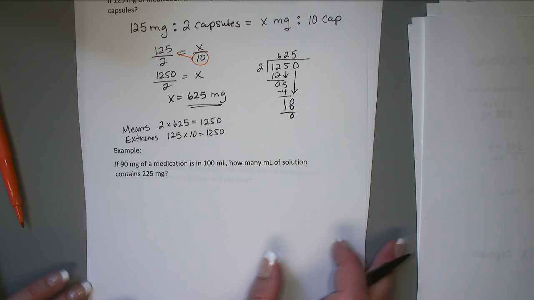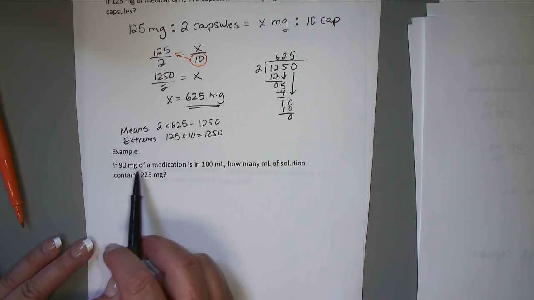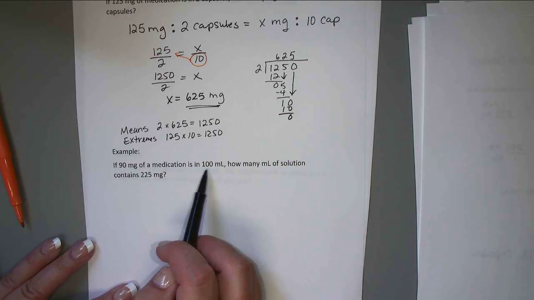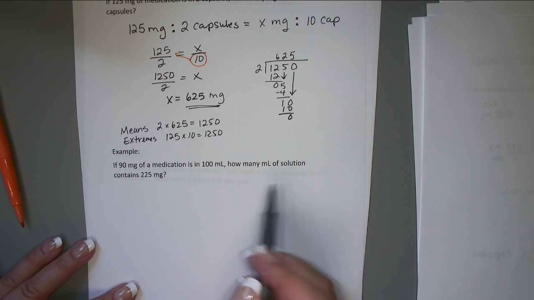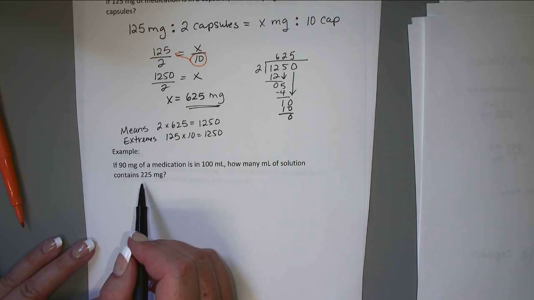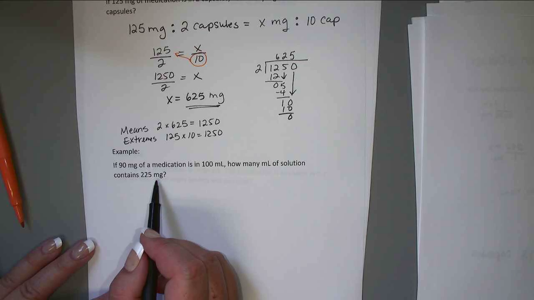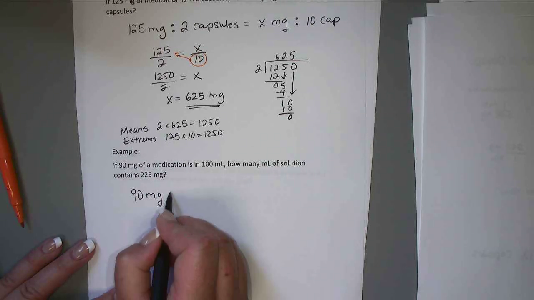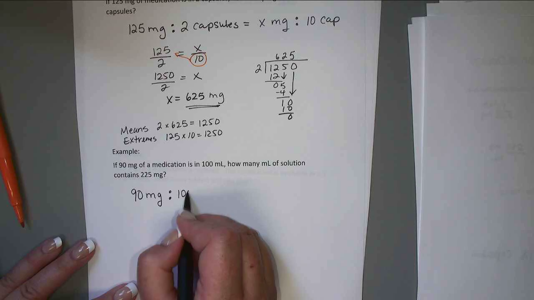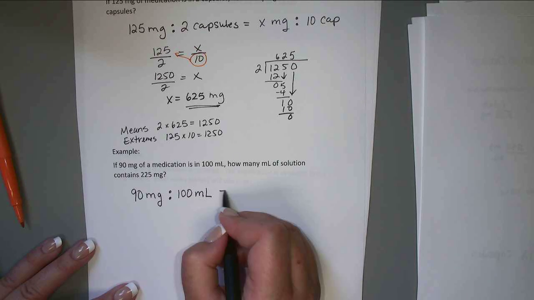Okay, the next example says if 90 milligrams of a medication is in 100 milliliters, then how many milliliters of a solution contains 250 milligrams? So again, it doesn't matter which one you put first, just as long as you do the same thing on each side.